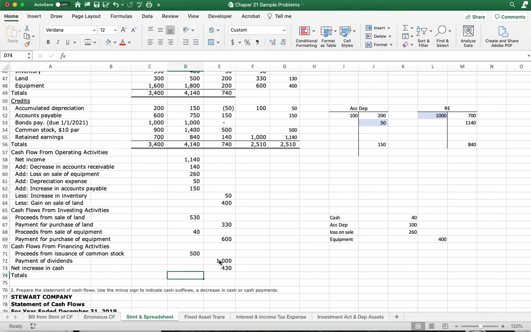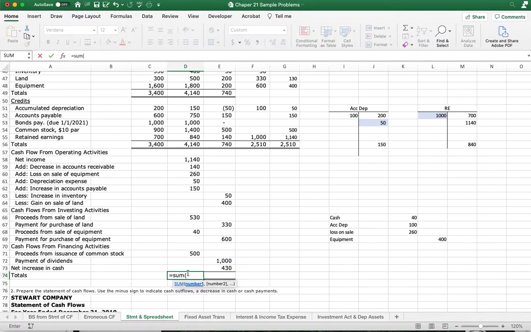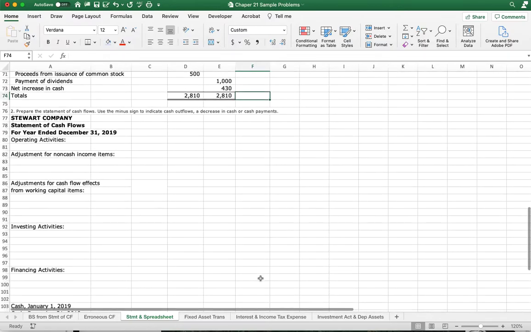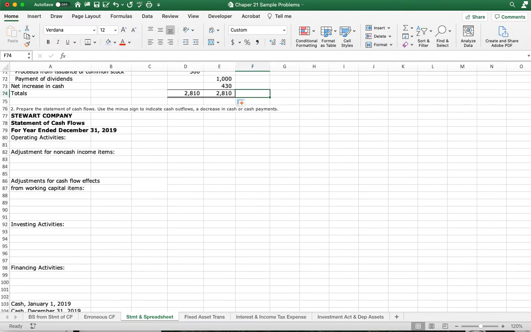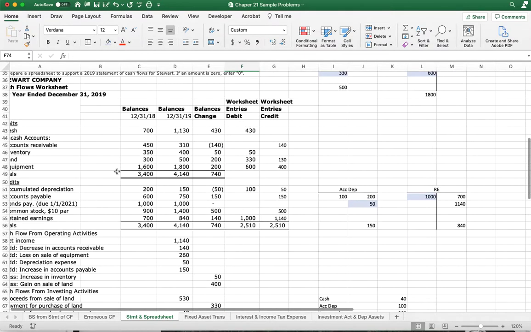And then at the bottom, we'll do a total to confirm that our debits equal our credits, and they do. So then the second part of this is to actually prepare the statement of cash flows based on this worksheet that we have just completed.